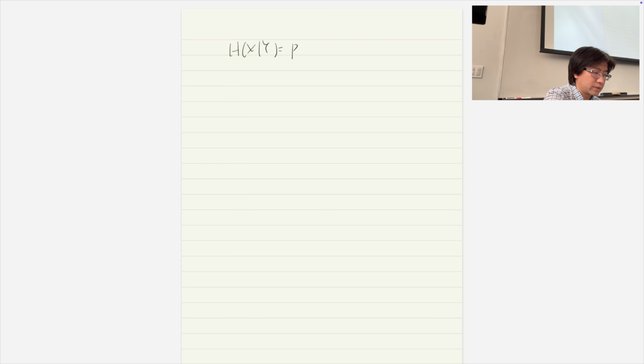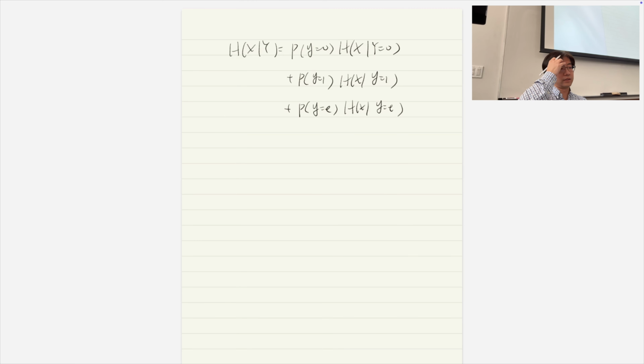The probability that y equals 0 multiplied by H(X given Y equals 0), then add the probability that y equals 1 times H(X given Y equals 1). And we're not done yet: we have another term, the probability that y equals e times H(X given Y equals e). Normally the computation is not easy, but in this case it's pretty manageable.